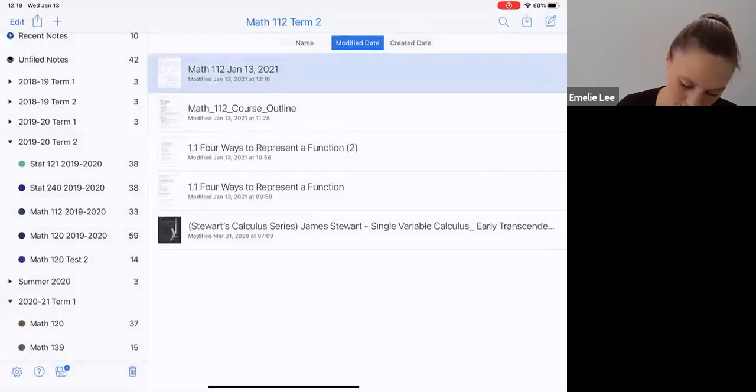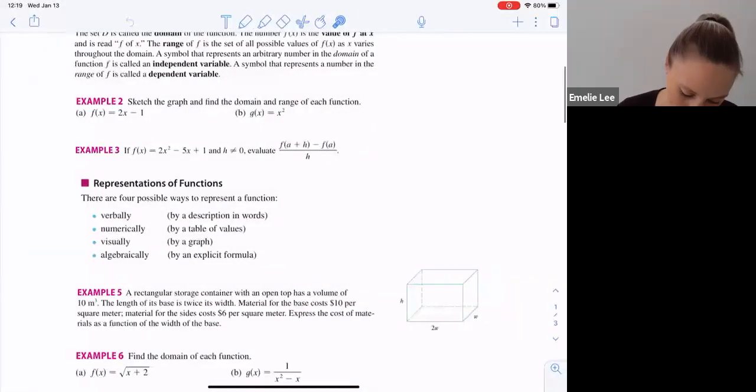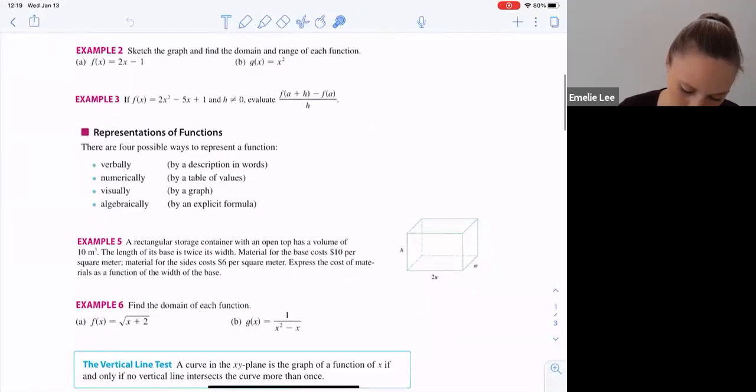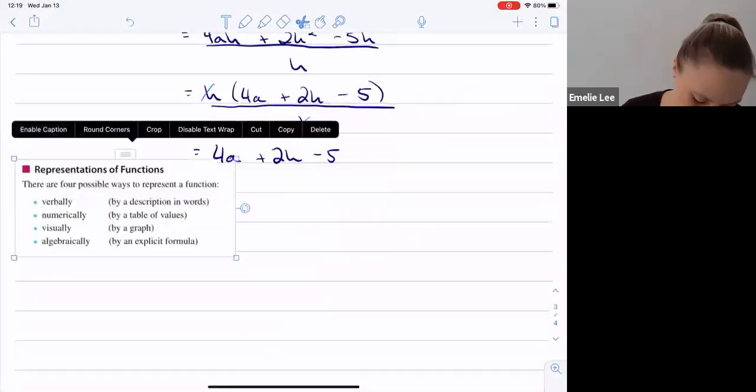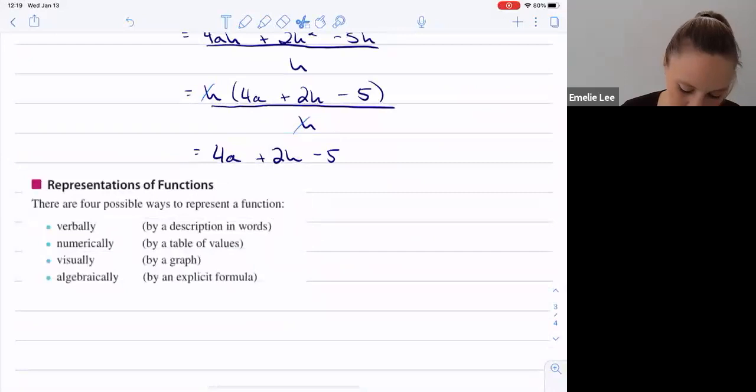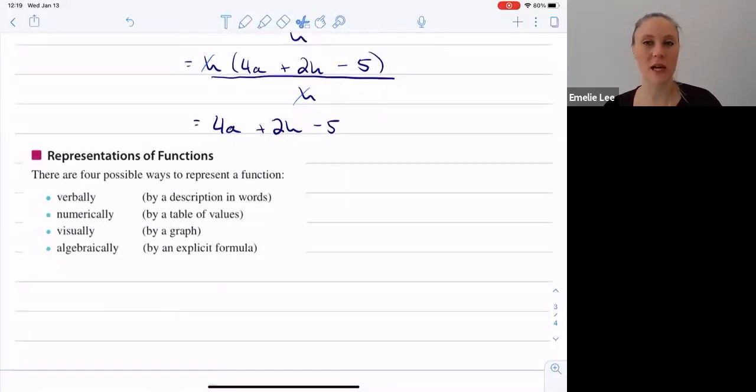So let's see here. Oh yeah, I wanted to move this up to the top, but then I ran out of time. So there are 4 ways that we can represent a function. Less common is verbally, right?